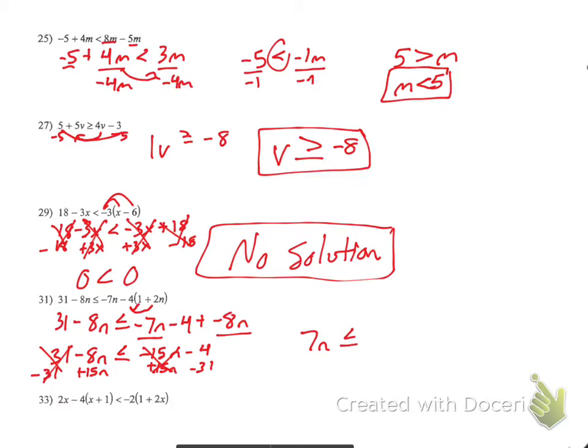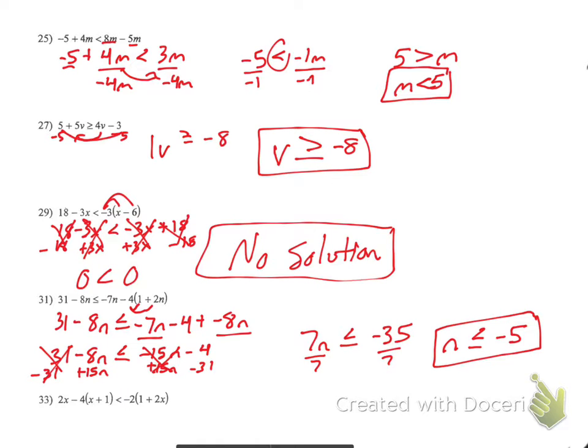It's going to be less than or equal to, and then negative 4 plus a negative 31, or negative 4 minus 31, same thing. It's going to be negative 35. I'm dividing by 7, so that's a positive number, so the sign does not switch. So n is less than or equal to negative 5.